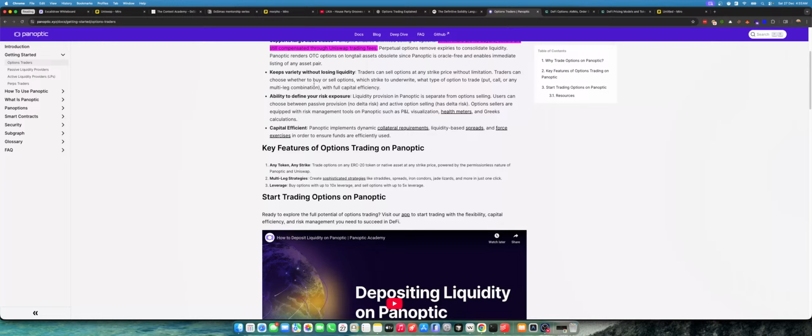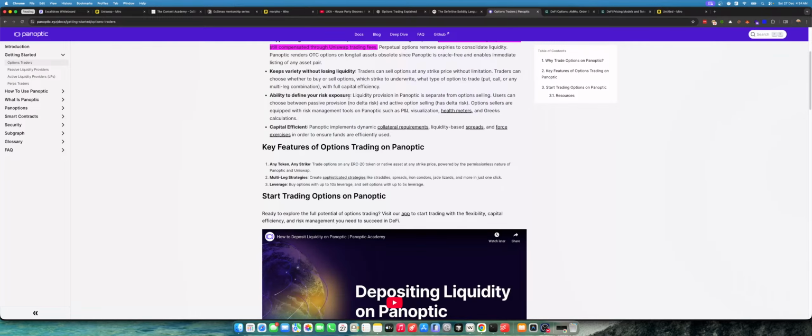Traders can choose which strike and what type of option to trade. Multi-leg is a combination of strategies. Users can choose between passive, no delta, and active options.